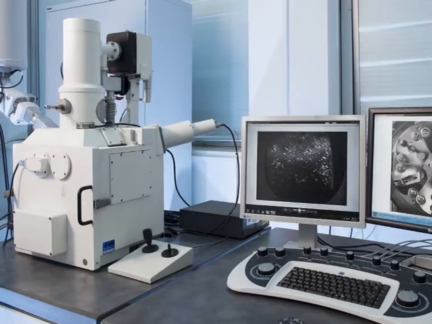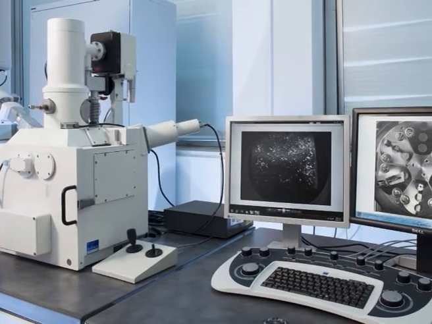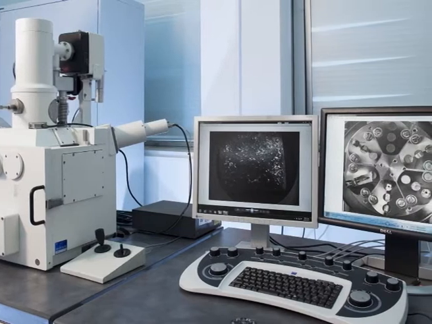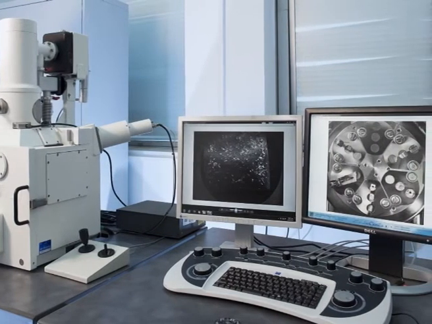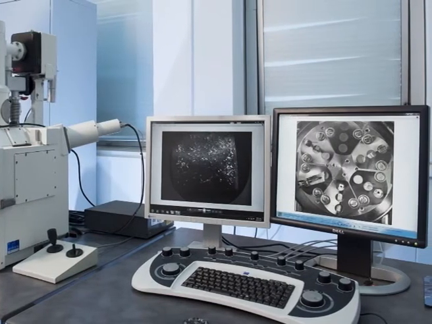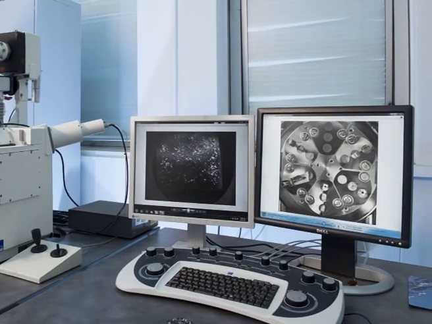Then comes the scanning electron microscope, SEM. As you can say, it requires low kinetic energy electrons which need not penetrate deep inside the sample, but instead interact on the surface up to a few nanometers of depth. The electron source is a tungsten filament or an LaB6 cathode housed inside an electron gun smaller than the one used in TEM.